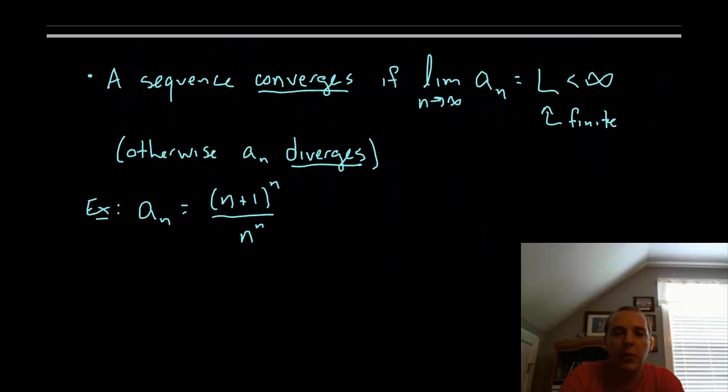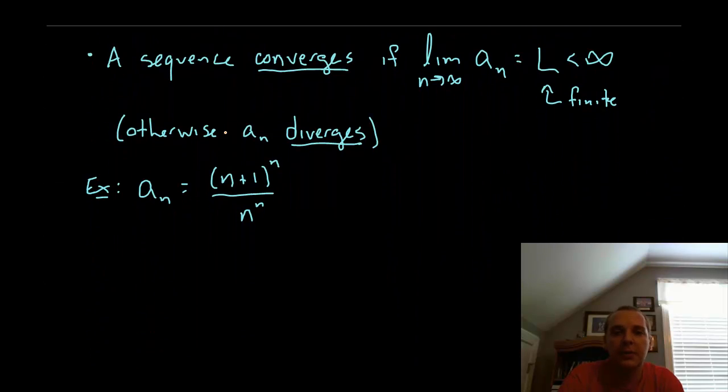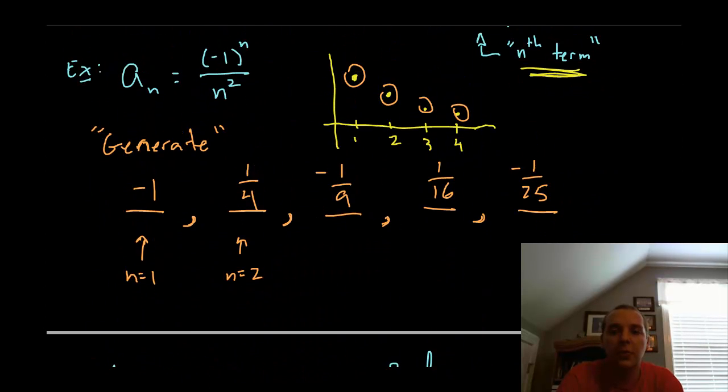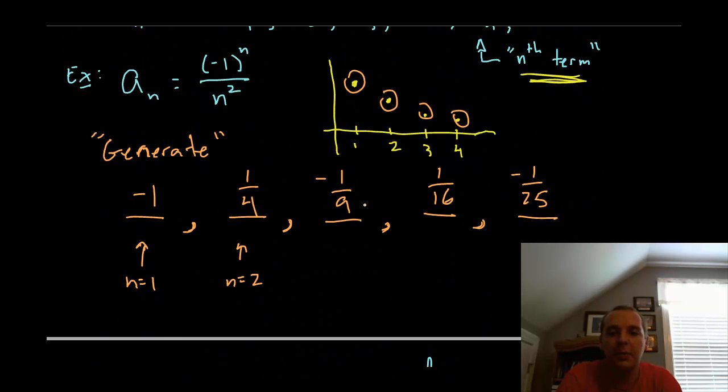Now, one of the big questions we often ask about sequences is, does your sequence converge? Converge is a big word in this chapter, and here's the definition. We say that a sequence converges if the limit as n approaches infinity of that sequence equals some limit. In other words, if these terms level off somewhere, like these seem to be converging towards 0, because they look like they're getting smaller.